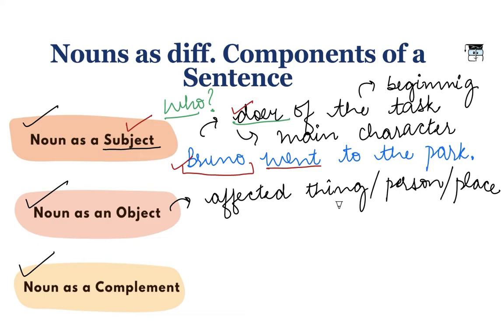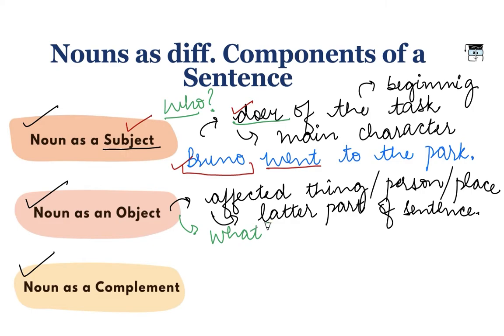These kinds of nouns generally appear in the latter part of the sentence, that means in the very end, and they can be identified by asking the question what is being affected.